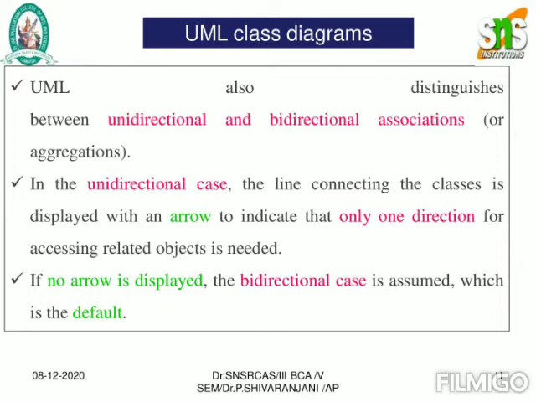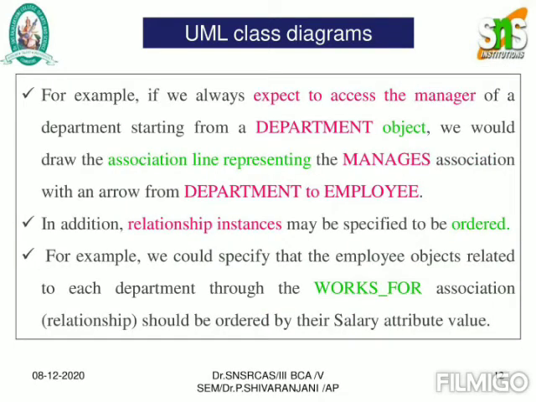If no arrow is displayed, the bidirectional case is assumed, which is the default. For example, if we always expect to access the manager of the department starting from the department object, we should draw the association line representing the manages association with an arrow from the department to the employee.